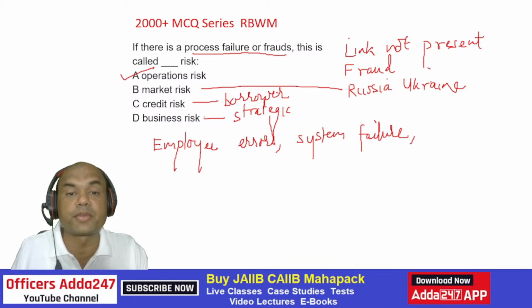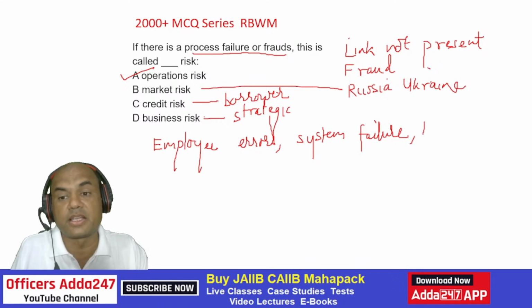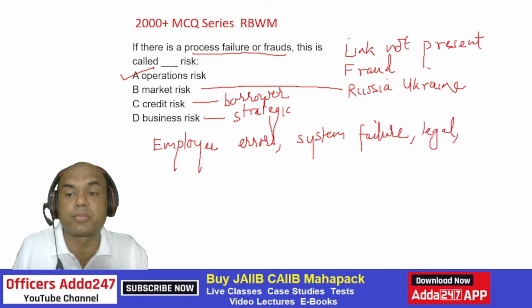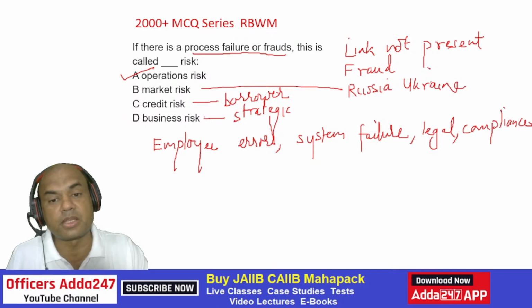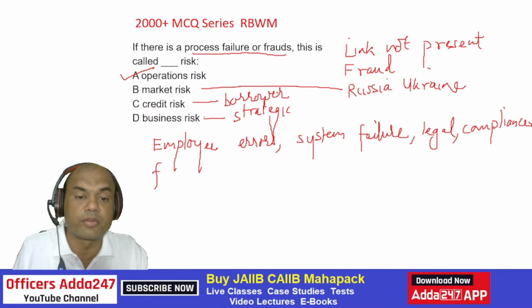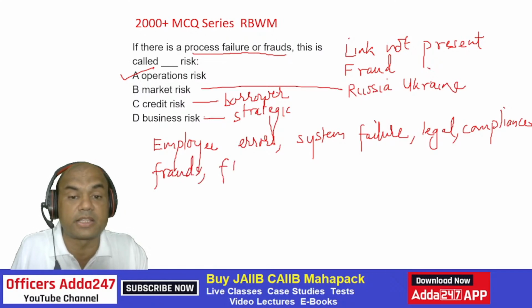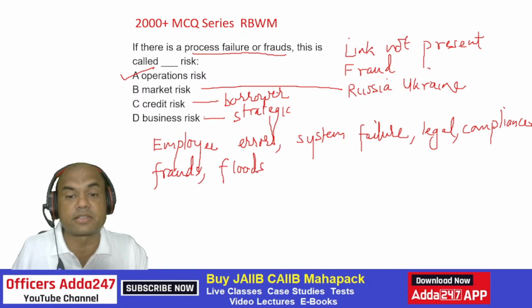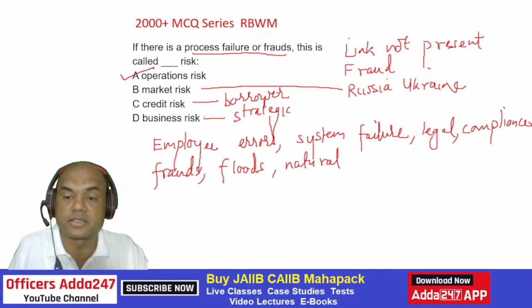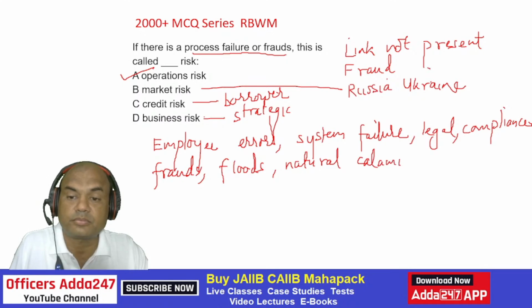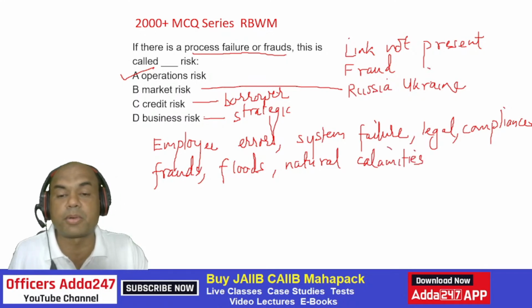Then legal problems, legal issues, compliance issues, these all come somewhere in the operations part only. You don't follow the compliance properly. Then frauds, then floods happening. Natural calamities, these are also a part of operations risk only. Not only floods, it can be famines also. So these are all part of operations risk.